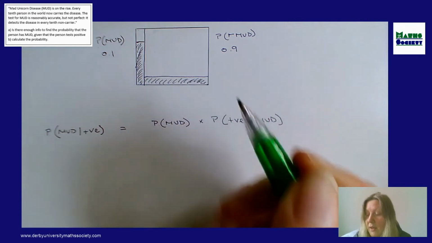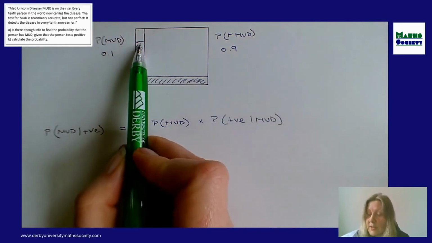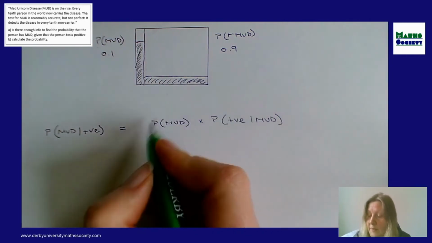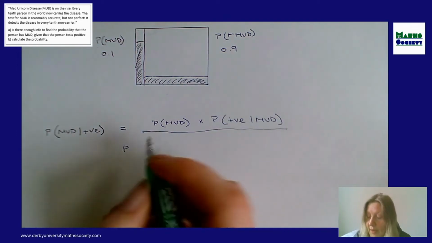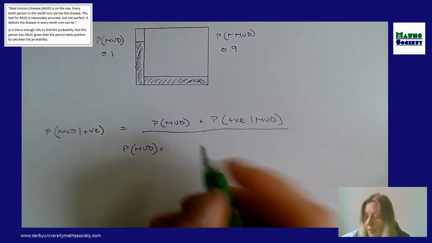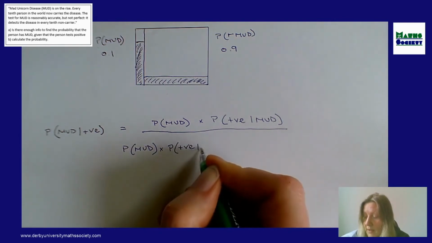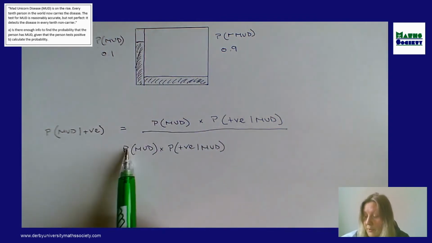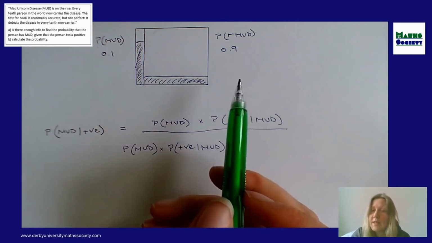So in order to get the percentage for this question, I just need to know what this top line is, as a percentage of this plus this. So that goes underneath. I look at all the people again that do have the disease, multiplied by the sensitivity of the test. I'm really repeating the top line again, but I need to add to that all the other people in the world that test positive.